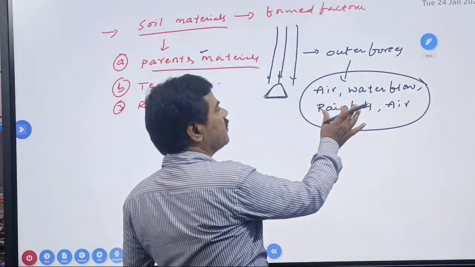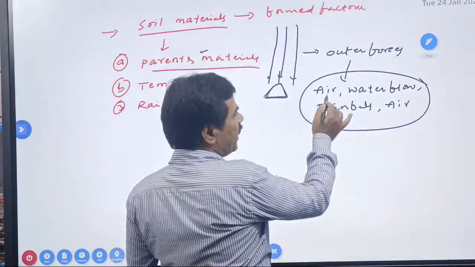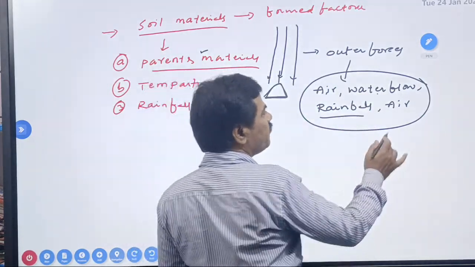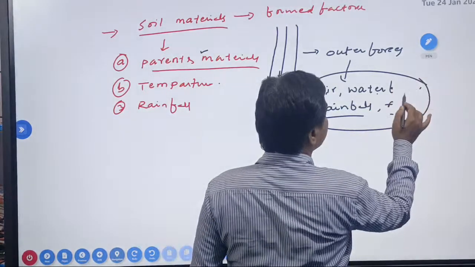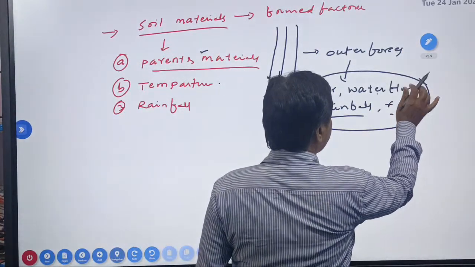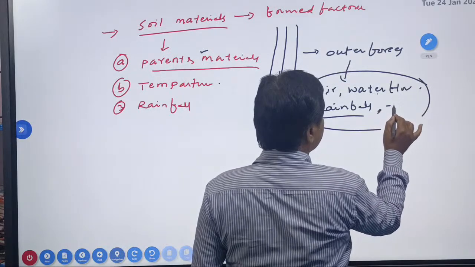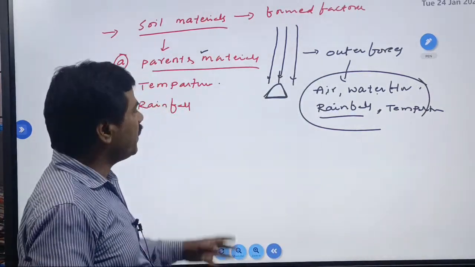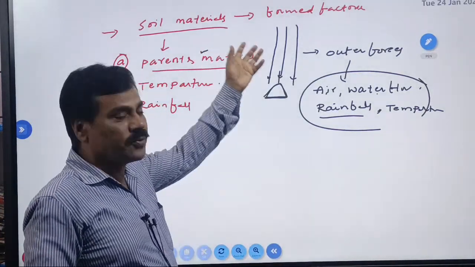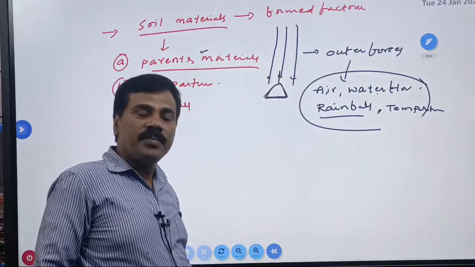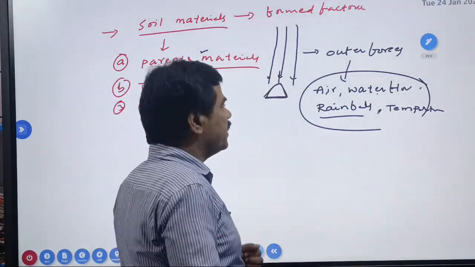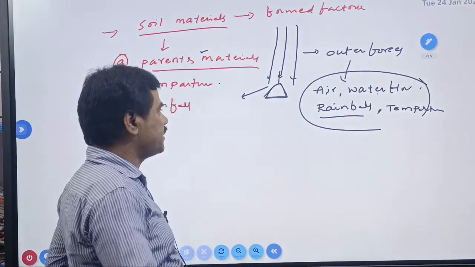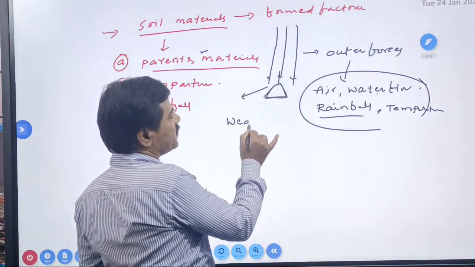By this process, air erosion, water flow erosion, rainfall erosion, and also wind and temperature, these four factors are applied on the rock region. By them, the surface is affected by the weathering process.